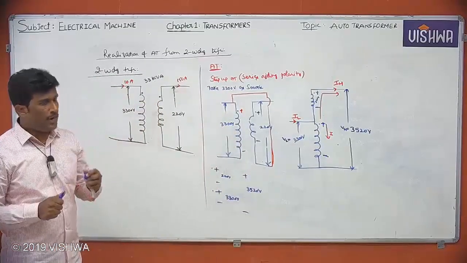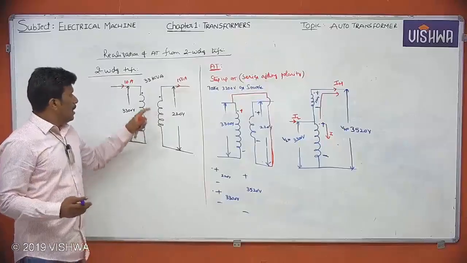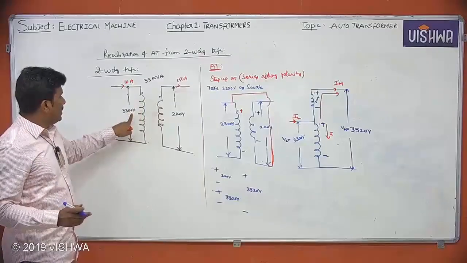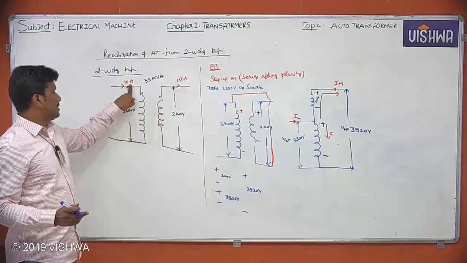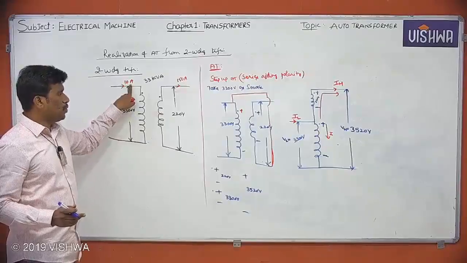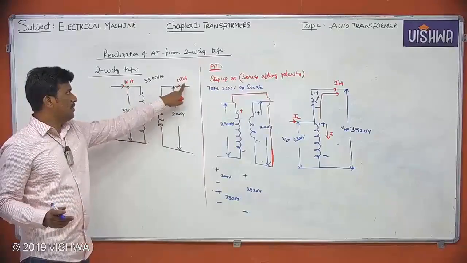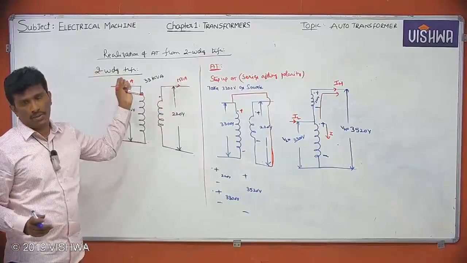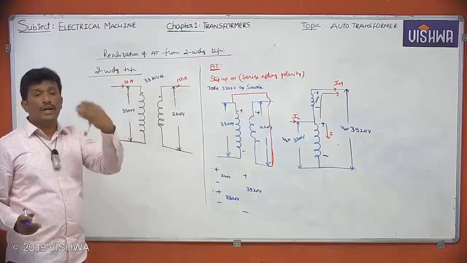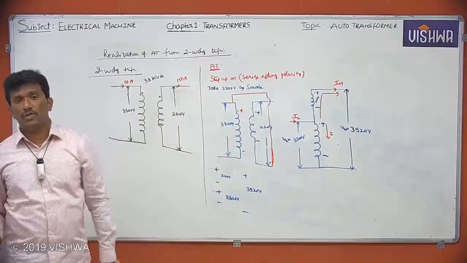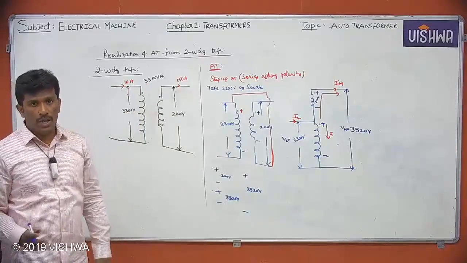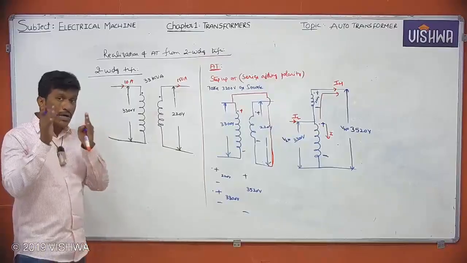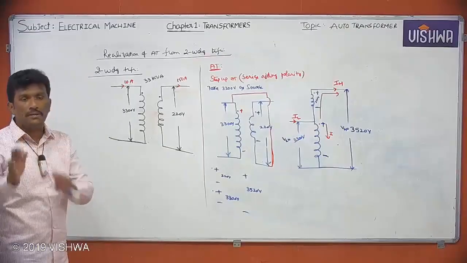Now, one thing you have to understand. It's a very, very important point which I am just going to say. Current flowing through the 3300 winding is 10 amperes. Current flowing through the 220 volts winding is 150 amperes if it was a two-winding transformer. After modifying also, current flowing through those particular windings will be the same.